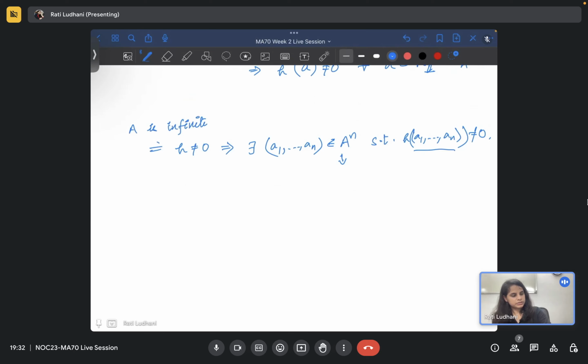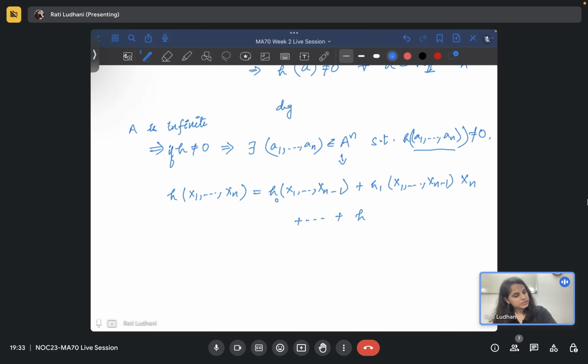This implies... Okay, so now what you do, you write h of x1 to xn in terms of, you can always do this. You just think of this polynomial. I'll write here h1 of x1 to xn minus 1 times xn plus up to and so on, hm.